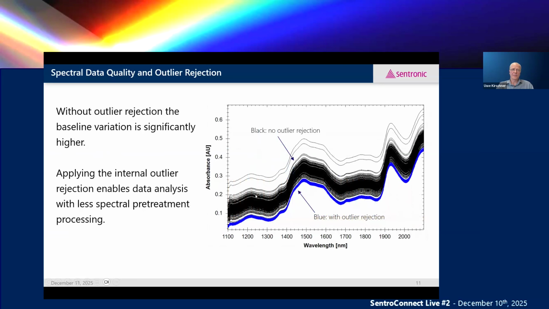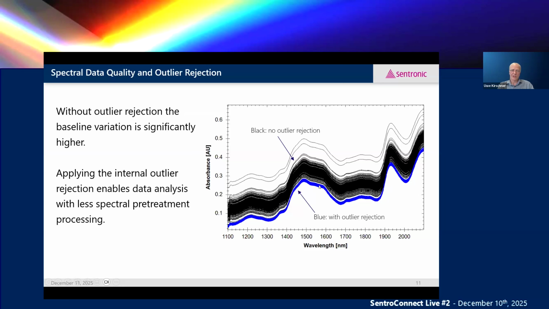Taking a look at the spectra, we can clearly see the difference between the process operating without outlier rejection and with outlier rejection. As soon as the outlier rejection is inactive, the baseline variation increases a lot. You have seen the variance just in the sequence before.